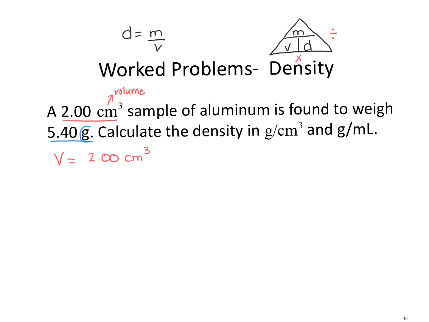And again, we look at the unit to give us a hint that this is the mass. We know that mass has units of grams. So my mass here equals 5.40 grams. And it asks me to calculate the density. And so density here is what we are looking for.